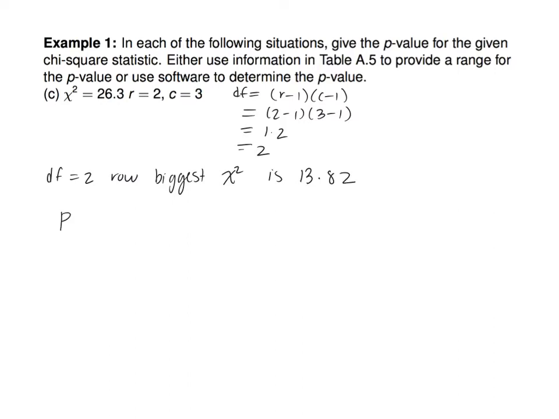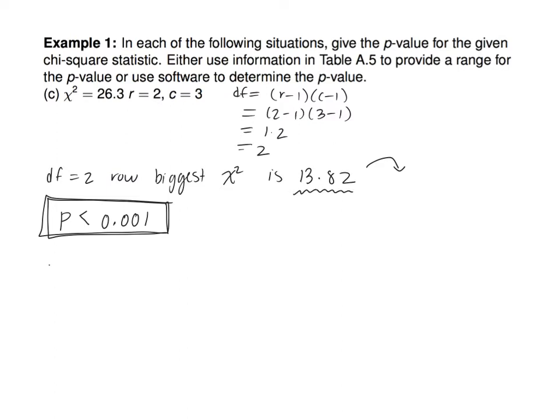And the p-value for that is 0.001. And so if your point is going to fall on the other side of that, your p is going to get even smaller, so your p is less than that 0.001. And that 0.001 once again came from this table.